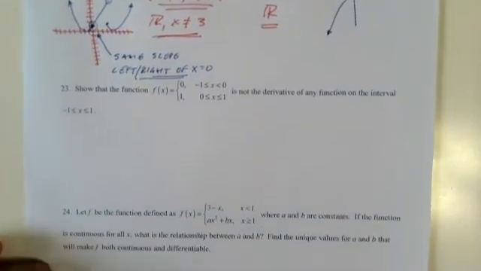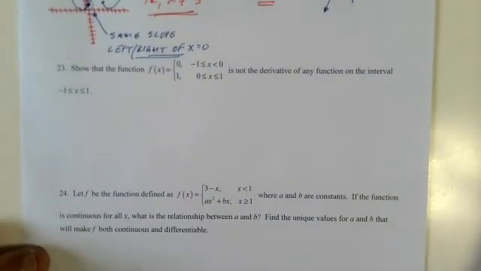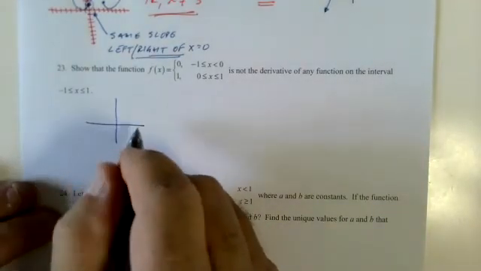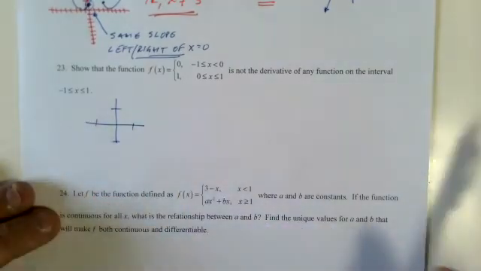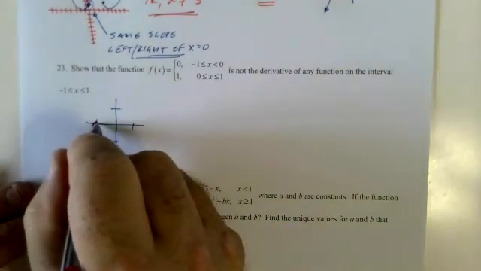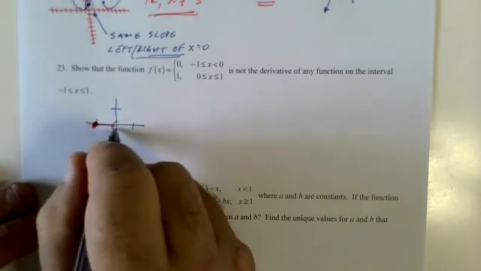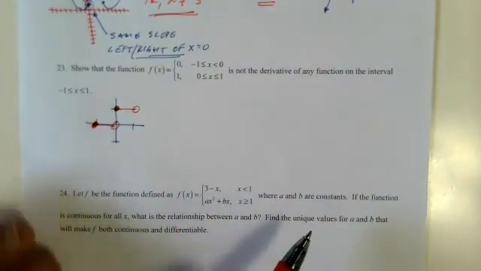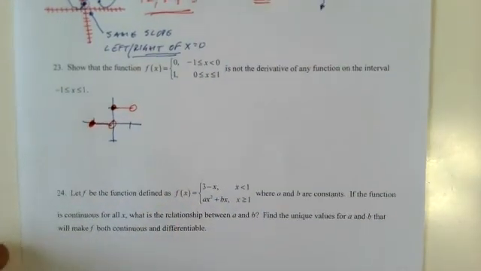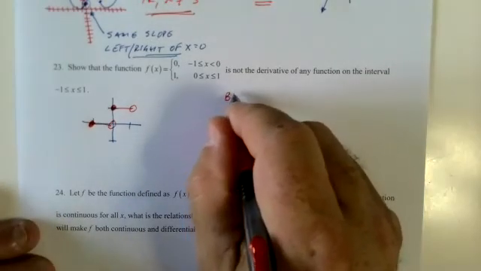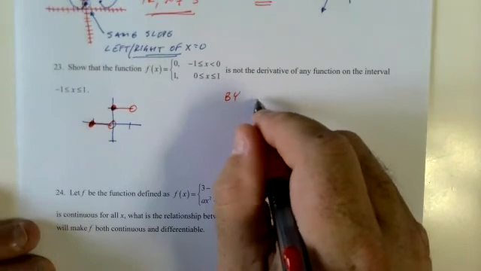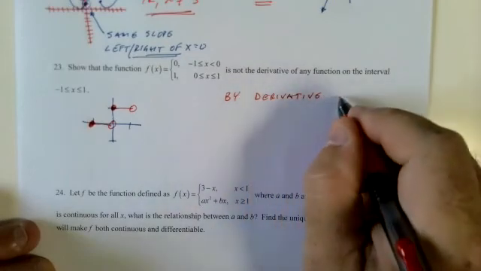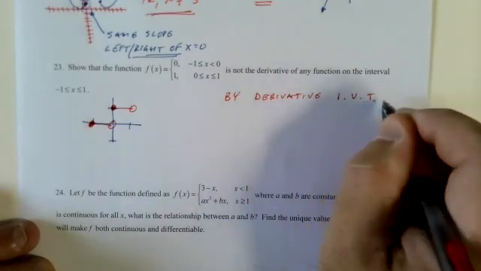All right, show that the function is not the derivative of a function on the interval -1 to 1. So we graph it. We get solid, looks a lot like the GIF function. And we say, be as lazy as possible, derivative, intermediate value theorem.